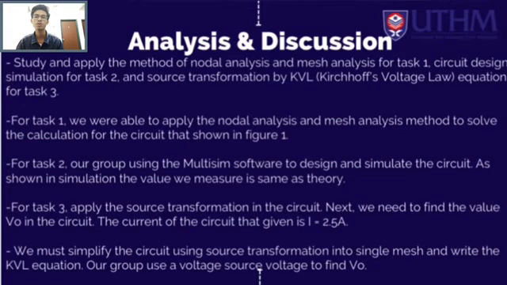For task 3, we were able to apply the source transformation in the circuit. Then we needed to find the value V0 in the circuit. The current of the circuit that is given is 2.5 ampere. We must simplify the circuit using source transformation into a single mesh and write the KVL equation. For the simulation circuit in task 3, we use a voltage-controlled voltage source to find the value of V0.